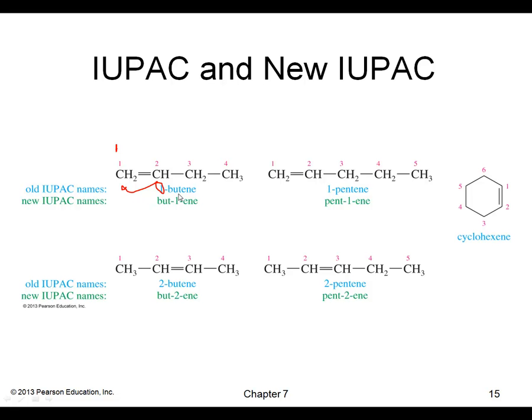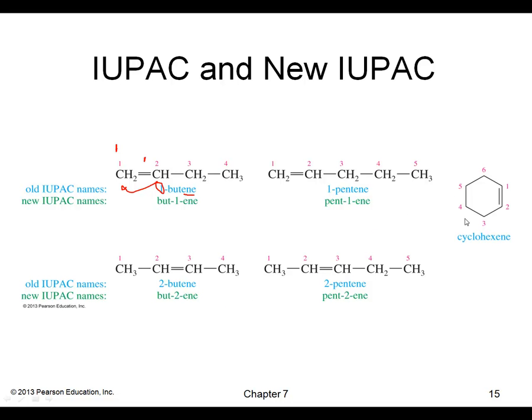So I have 1-butene, and again this ending is telling me that I have this double bond. Same thing here. I have 1-pentene, a 5-carbon. Note I could have isomers. I could have 2-pentene if the double bond was here. Same thing over here. I could have had 2-butene, which is what we have down here.